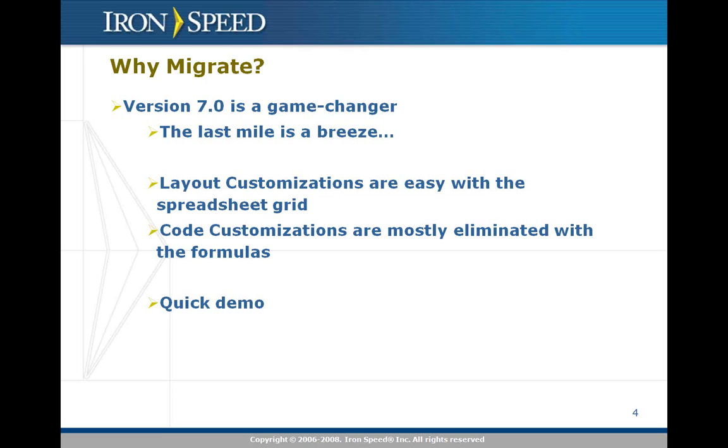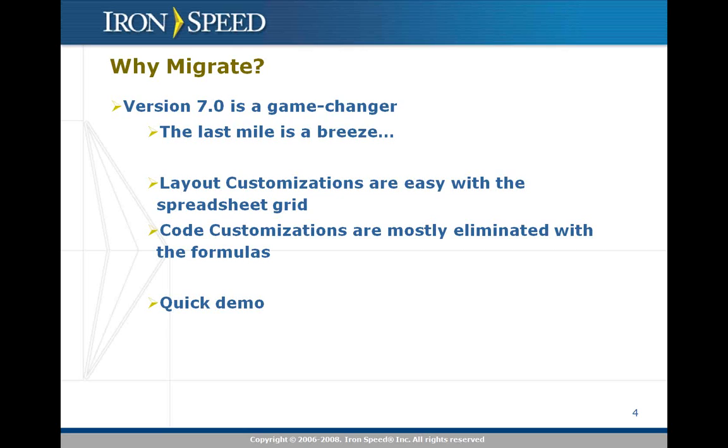Previously, for example, one of the code customizations that we had an entire webinar on was the make, model, year dependent drop-downs. Now we can do that in about 5 minutes, and it does not require a single line of code customization. It replaces 300 lines of code with just a few formulas.